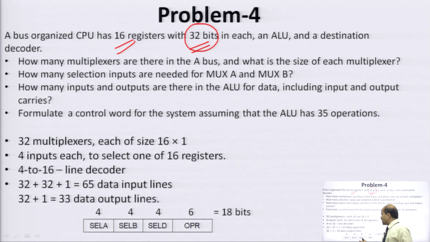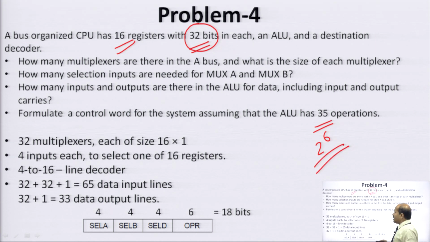This can be selected with the help of a decoder, we have already discussed in the previous lecture, and OPR is the operation code. Whatever operation is to be performed by the ALU will be given in terms of the operation code. So, how many operations will the ALU perform? 35 operations. For 35 operations, 2 to the power 6 is used.